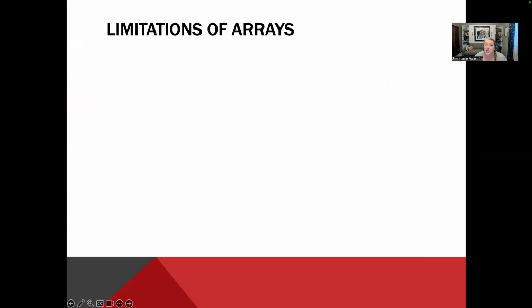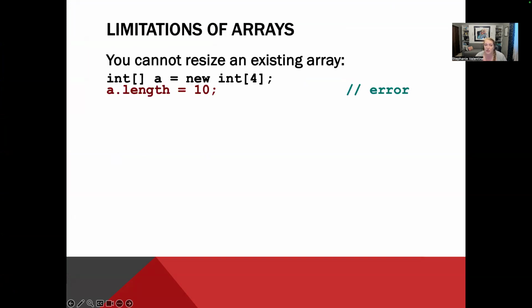Okay, so arrays are super helpful, really convenient, do a lot of things, but they have limitations too. There are things that are pretty inconvenient about arrays. Let's talk about those. So once you create an array and you give it a size, you cannot resize an existing array. The array itself, keeping in mind that an array is only a contiguous block of memory, is immutable. So that memory address that directs you to that contiguous block of memory cannot be changed.